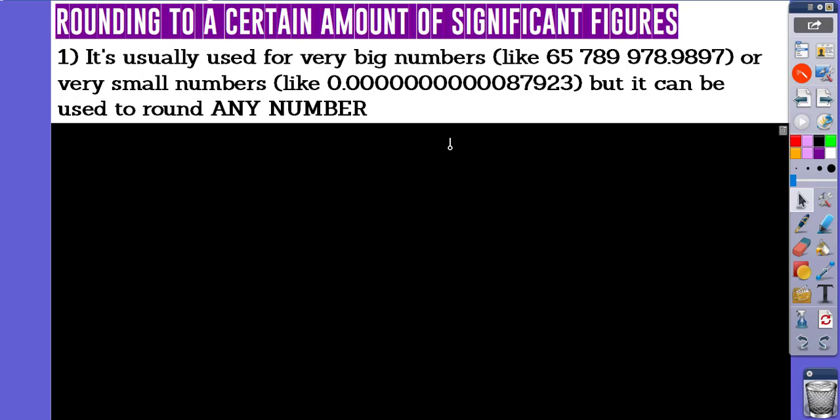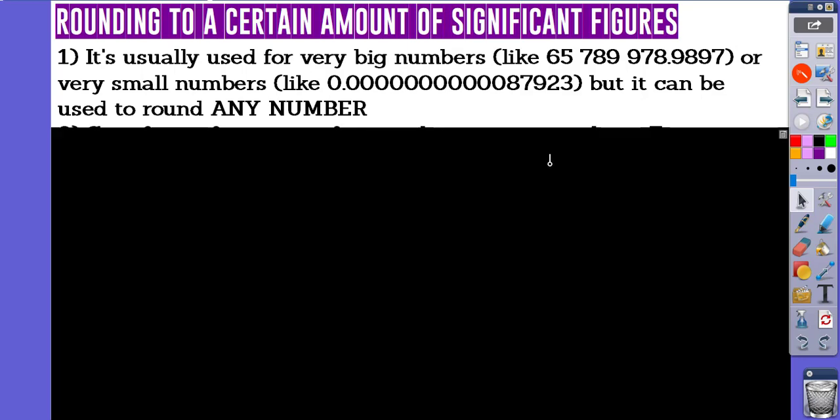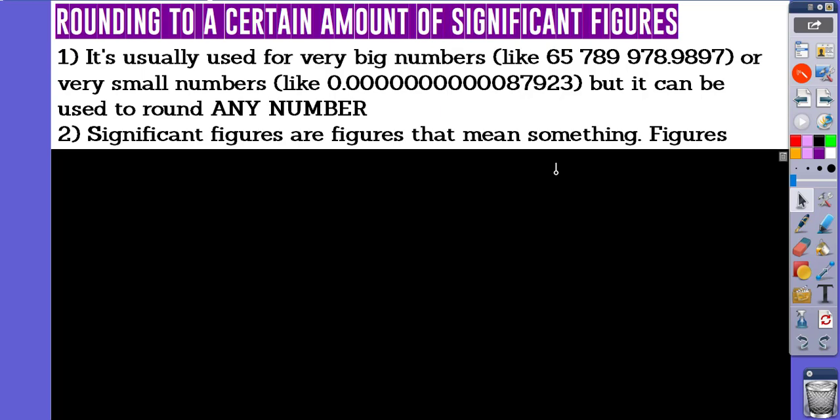We need to learn how to count significant figures, or what are significant figures. Significant figures are figures that mean something, that are important for the number. So in a very big number, only the first figures might be important to tell you how big the number is. And when we're talking about a very small number, only the first few non-zero figures will be the figures that will tell me something about the number.